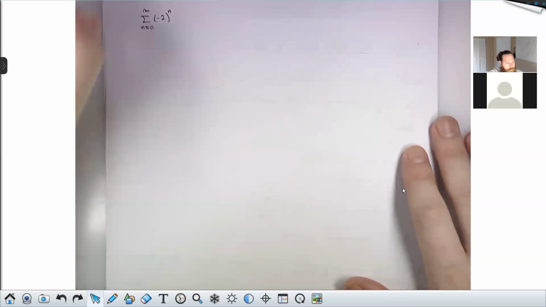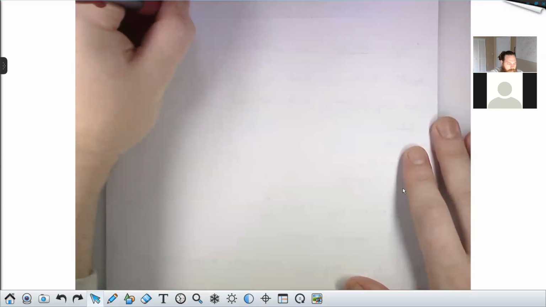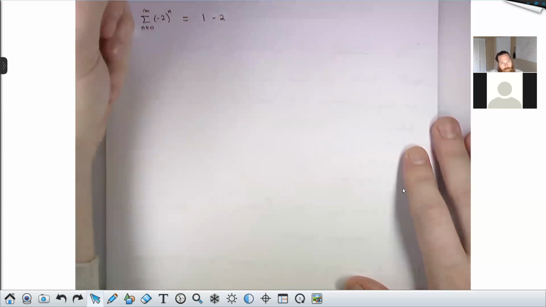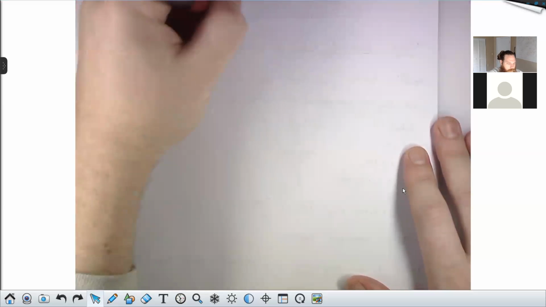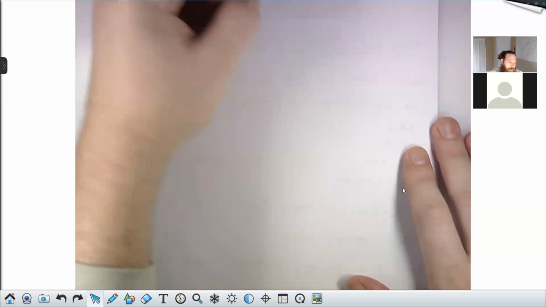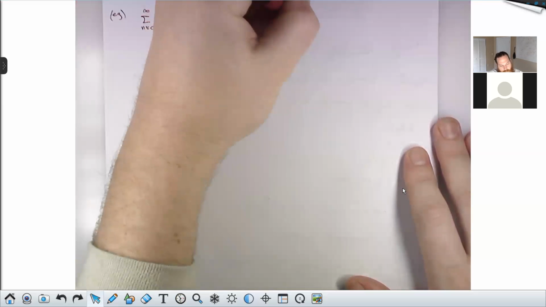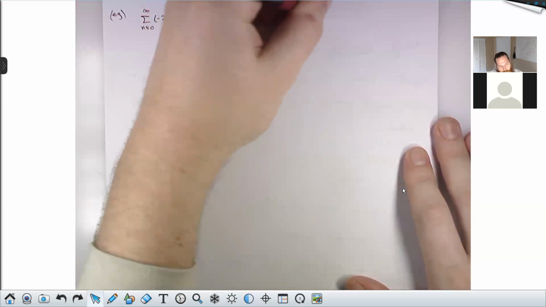So the sum of -2 to the n is an alternating series. If we write this out, this is -2 to the 0, that's 1, plus -2 to the 1, that's -2, plus -2 to the 2, that's +4, plus -2 to the 3, that's -8, plus -2 to the 4, that's +16, and then the next term would be -32, and so on.